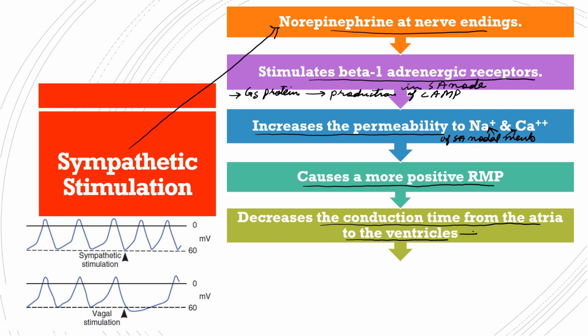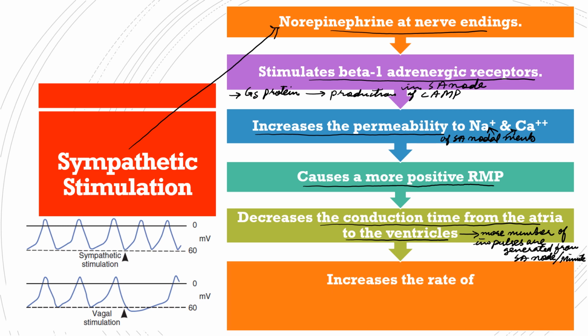and due to this, more impulses are generated from the SA node per minute, and when this occurs, it increases the rate of the heart, it increases the rate of sinus nodal discharge.